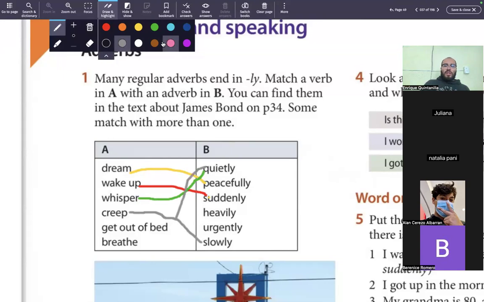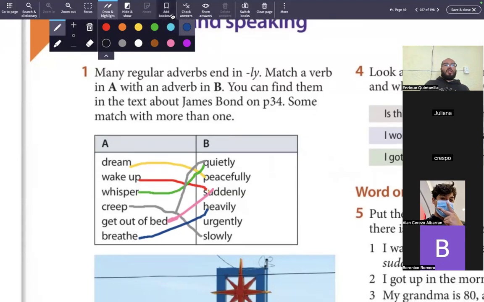Get out of bed urgently, suddenly. Breathe heavily. Heavily, yes. Breathe heavily. Okay, those are the combinations.